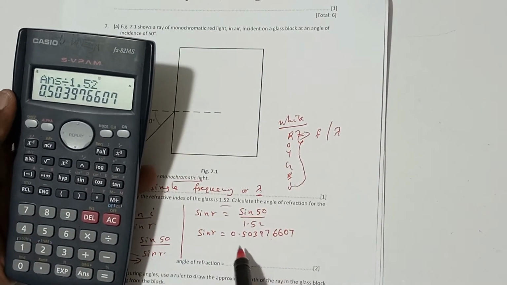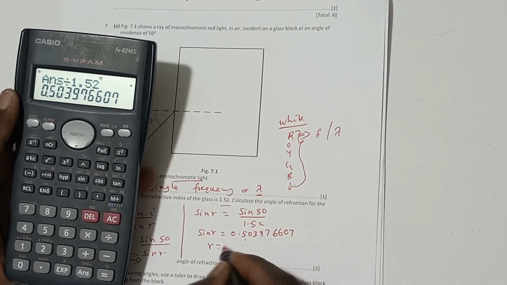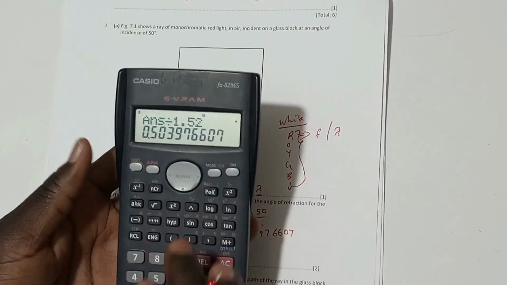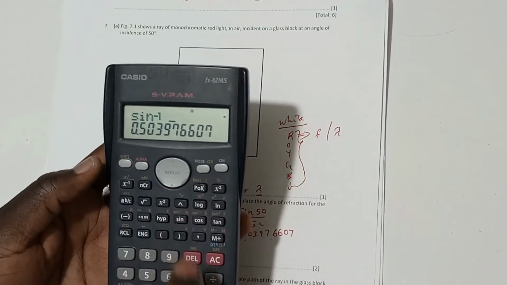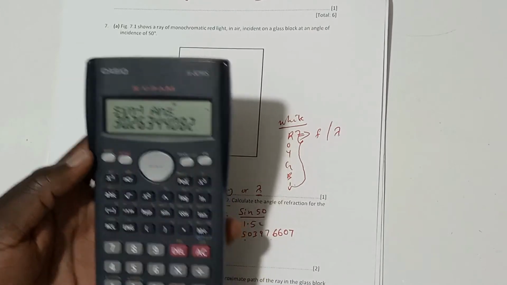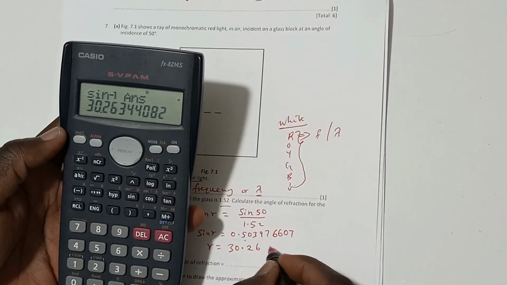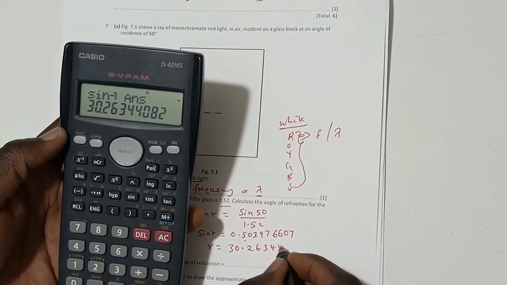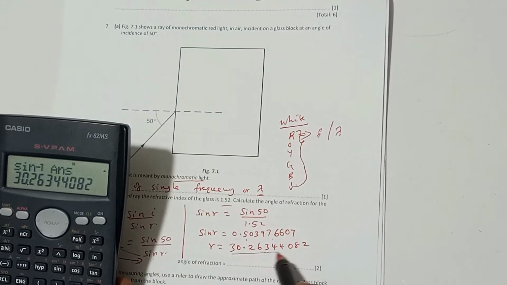Some students leave their answers like this. Now r will be the sine inverse of what we got. So sine inverse, that is shift, then sine of the answer, and we get 30.26344082. Of course, we don't give the answer that way.